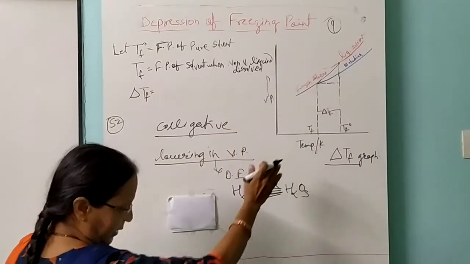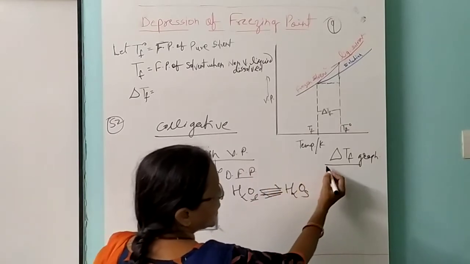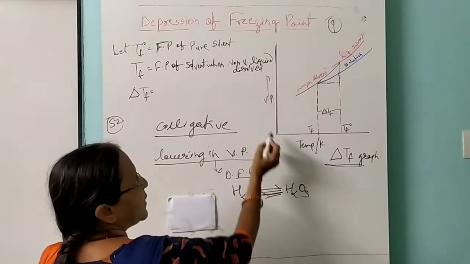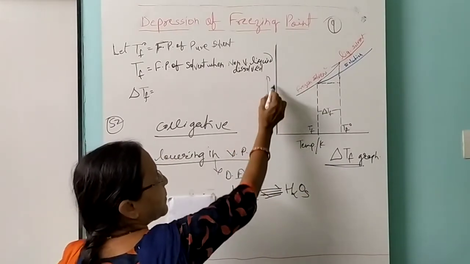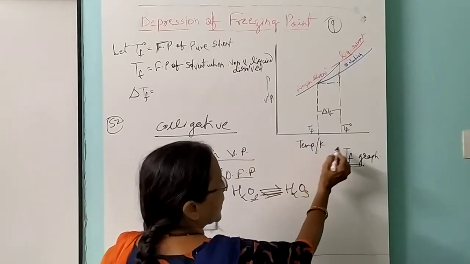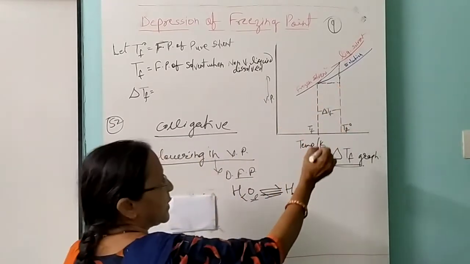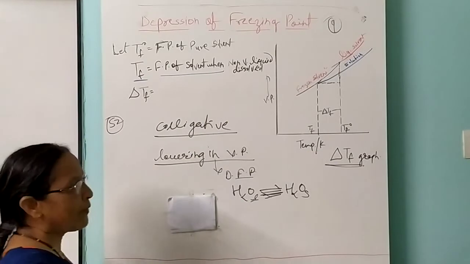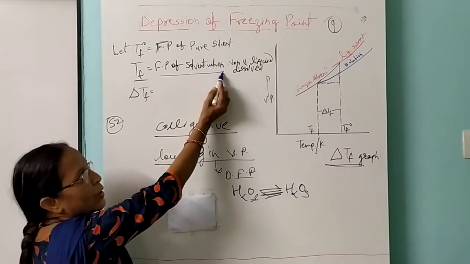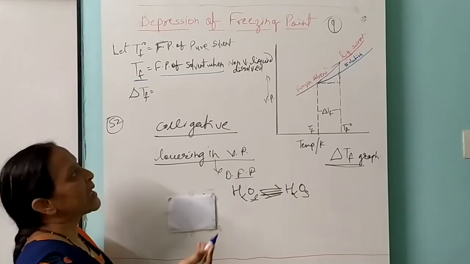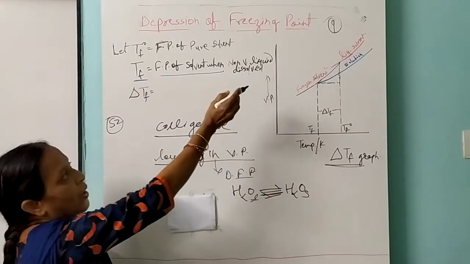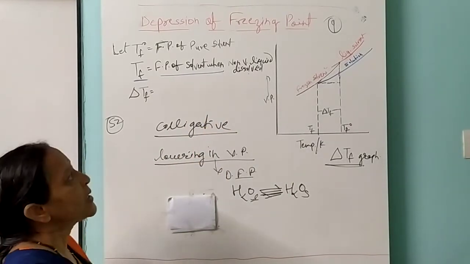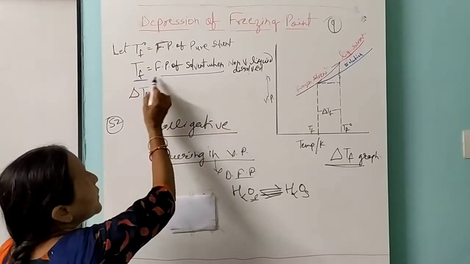First I will go to this graph. This graph shows the depression in freezing point. The graph is plotted between vapor pressure and temperature in K. Here TF is the freezing point of the solution, when any non-volatile solute is added to the solvent.